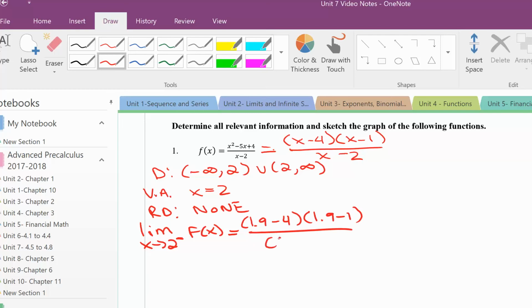I want to see if it's positive or negative, because I know it's going to be an infinite limit. That's what happens when it approaches a vertical asymptote. But I need to know if it goes towards infinity or negative infinity.